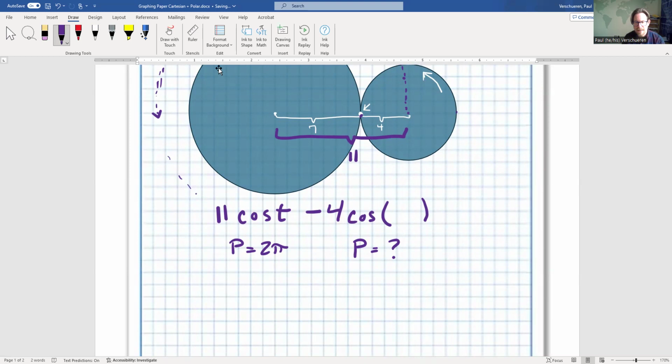So we need to understand that in this equation, B equals 1.